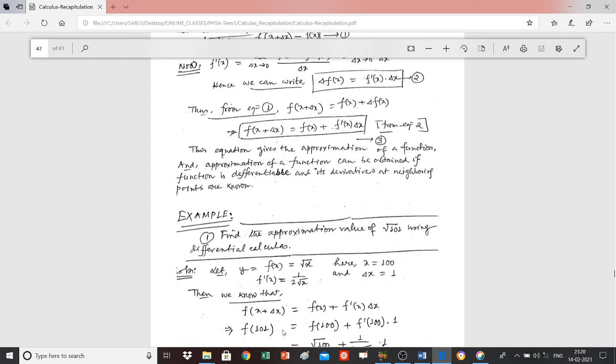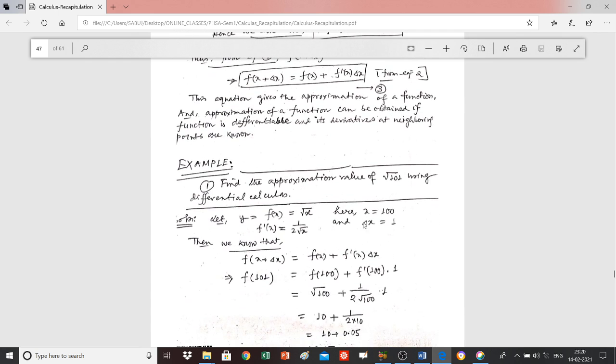So x plus delta x, here x is 100 and delta x is 1, so f(101) is equal to f(100) plus f'(100) into delta x, which is 1.